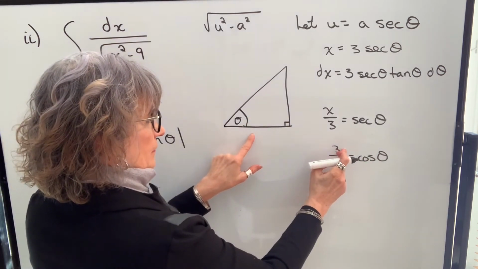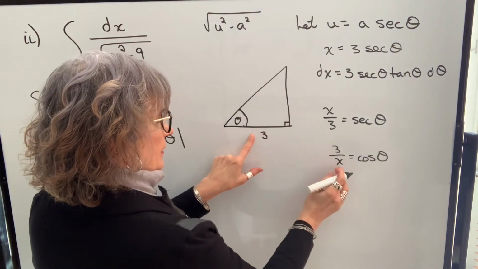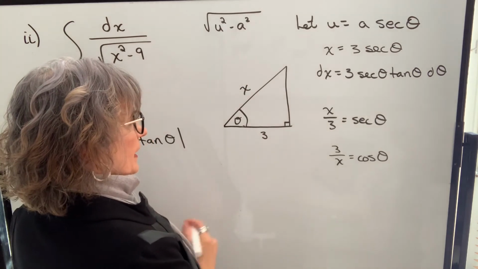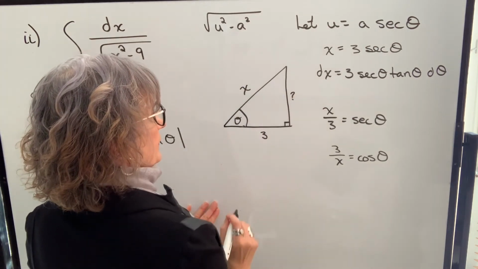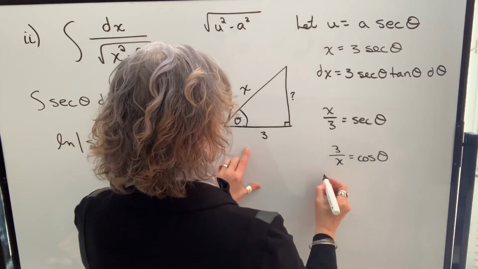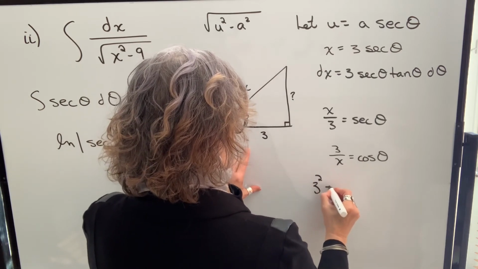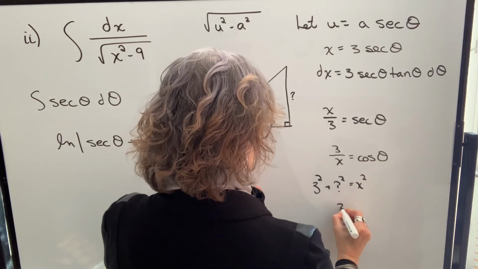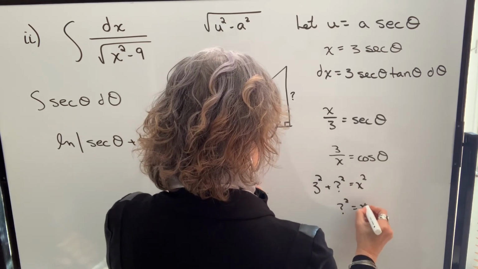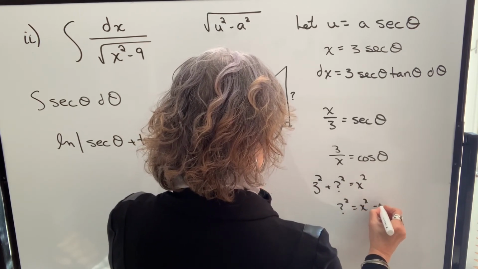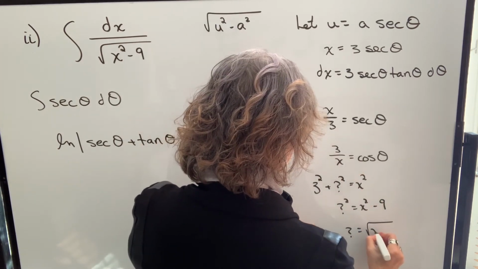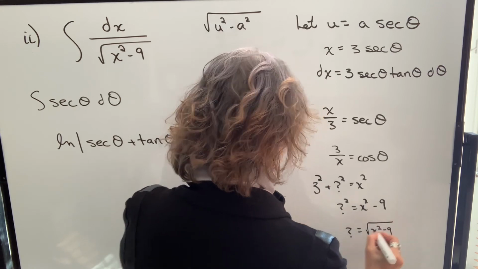So the numerator would be the adjacent, the hypotenuse would be the x, and now we want to find this side. So we use our right triangle theorem. 3 squared plus that unknown side squared will equal x squared. That unknown side squared will equal x squared minus 9. So the opposite side will be square root of x squared minus 9.